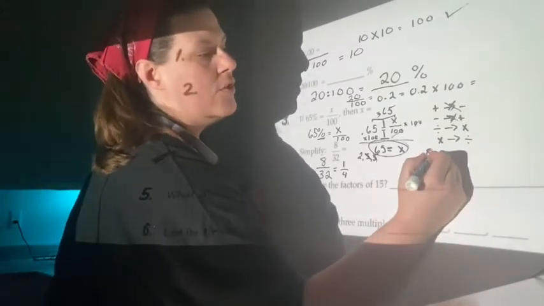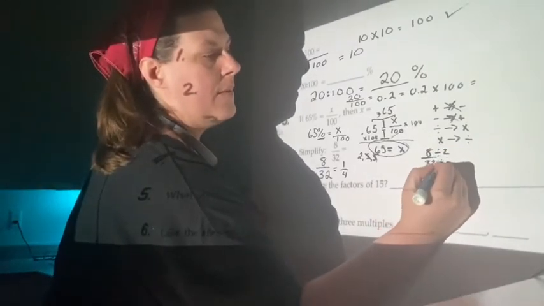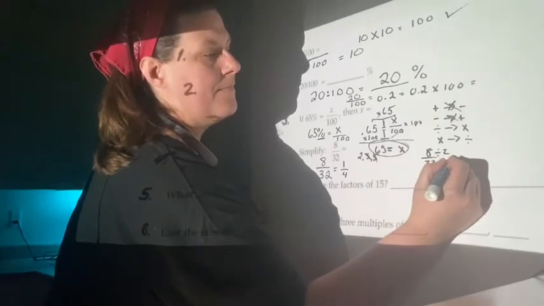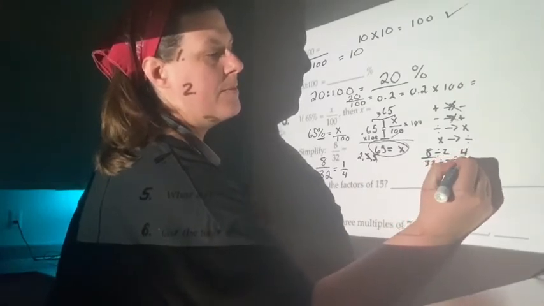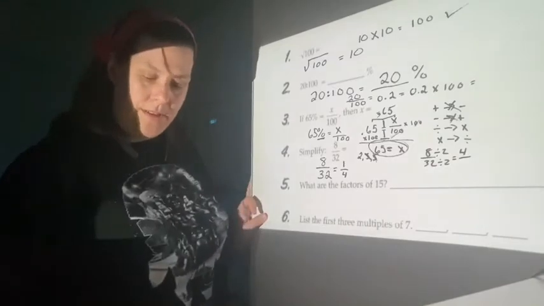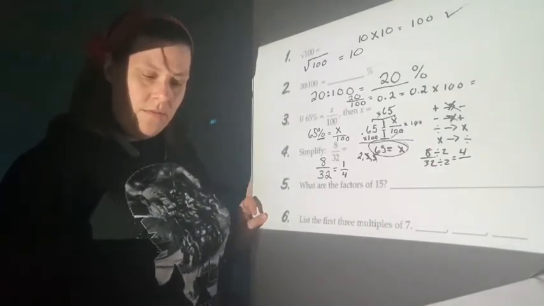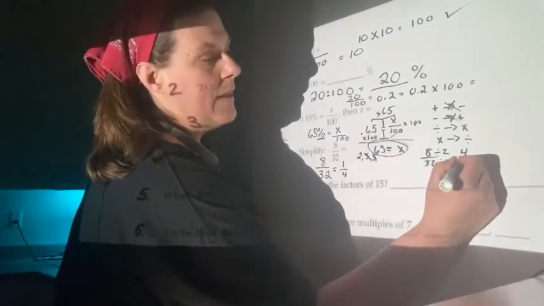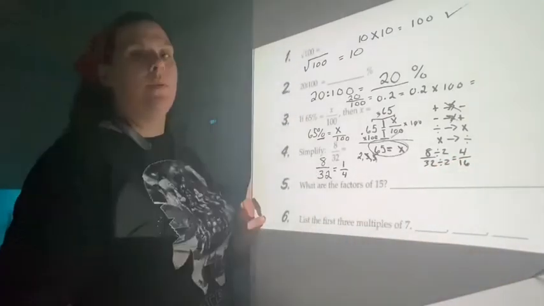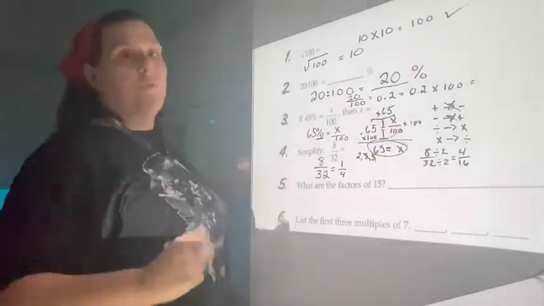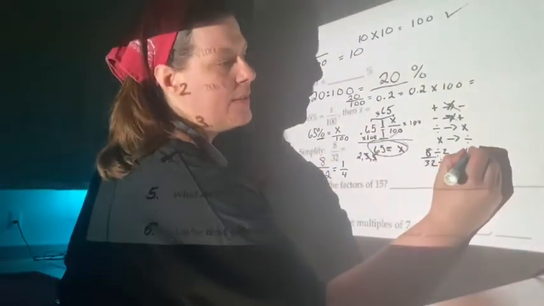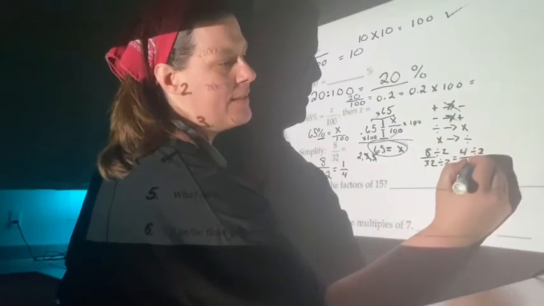I'm going to divide both by 2 and see what I get. This one up here becomes a 4, and 32 divided by 2 becomes 16. Can I divide both those numbers by 2 again? Yes, of course I can. So I'll just do it again, and again, until you get to that point.